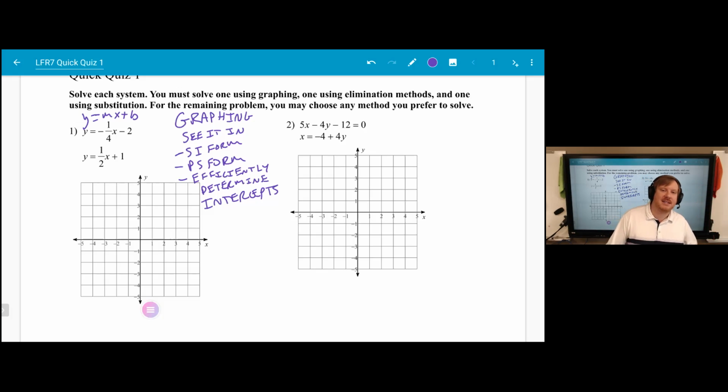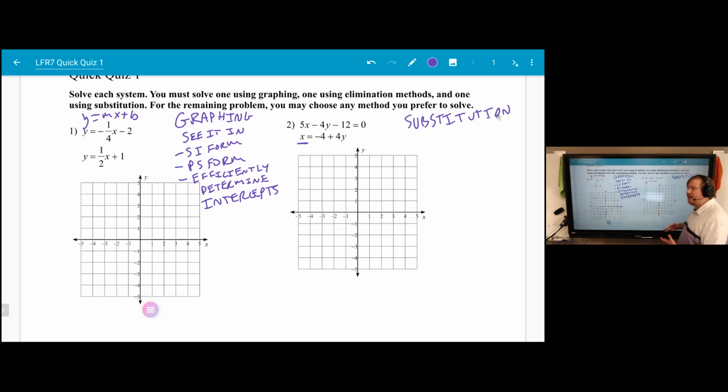In the case of number two, what I see is I've already got one variable solved for in one of the equations. And that makes my job easier when I do substitution, because I've already got the first step done: solve one equation for one variable, make it easier on yourself.